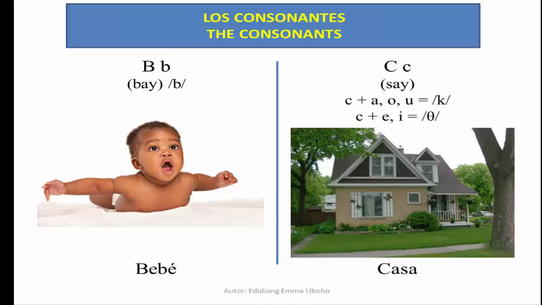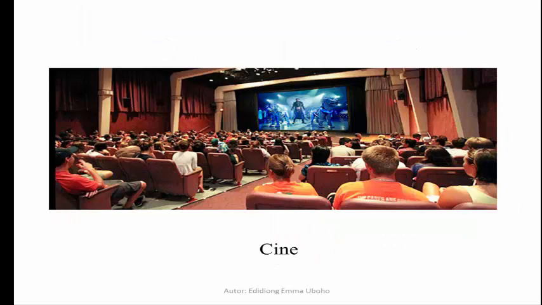If C is followed by an A, an O, or a U, it is pronounced like a K in English, whereas if it is followed by an E or an I, it is pronounced like an S, such as casa and cine.